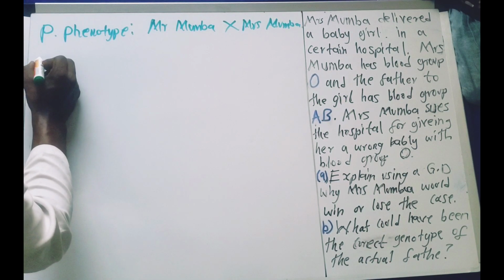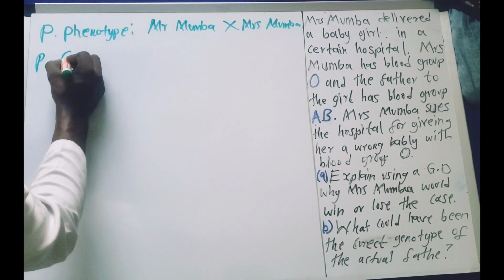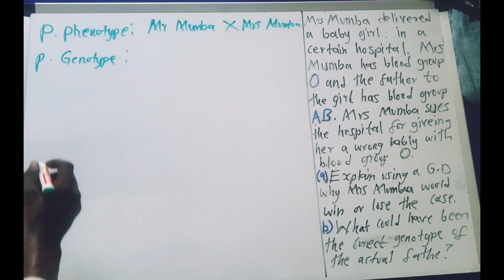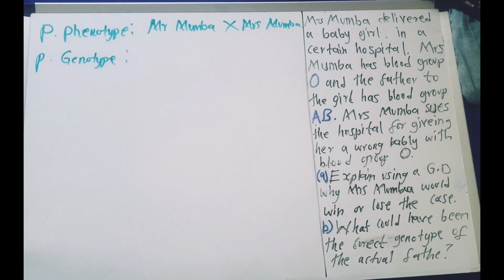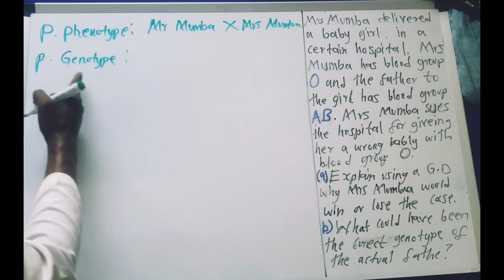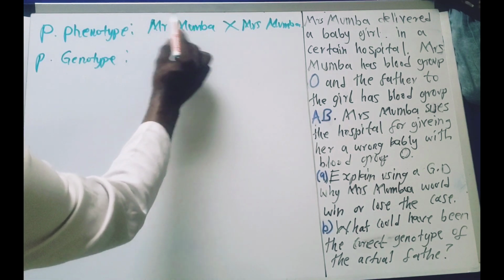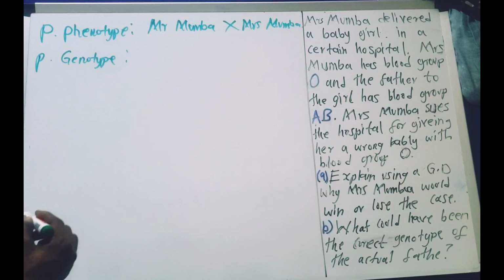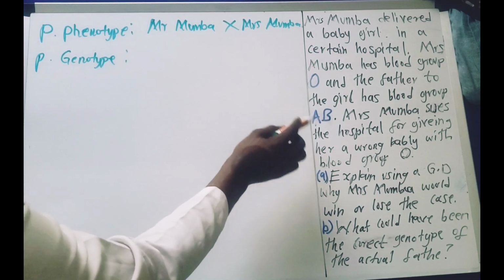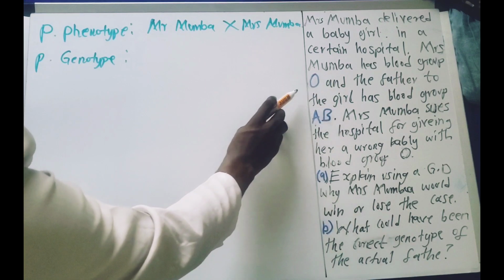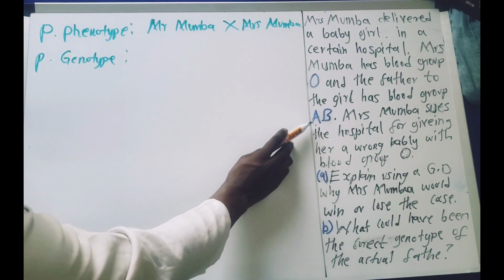Then you need to have the parental genotype. Genotype is how something is genetically placed inside. So for the parental genotype, we need the genotype of Mr. Mumba and Mrs. Mumba. How do we tell the genotype from the information we've been given? Mrs. Mumba has blood group O and Mr. Mumba has blood group AB.